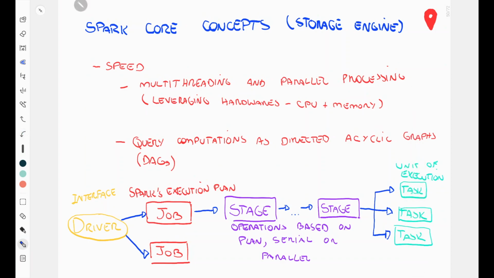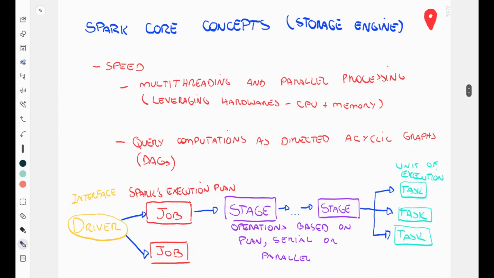That is the unit of execution. Actually, you can have stages parallel too. So you have it in serial or parallel operations, and inside of each stage you have the unit of execution, the real steps that are going to be executed per stage.